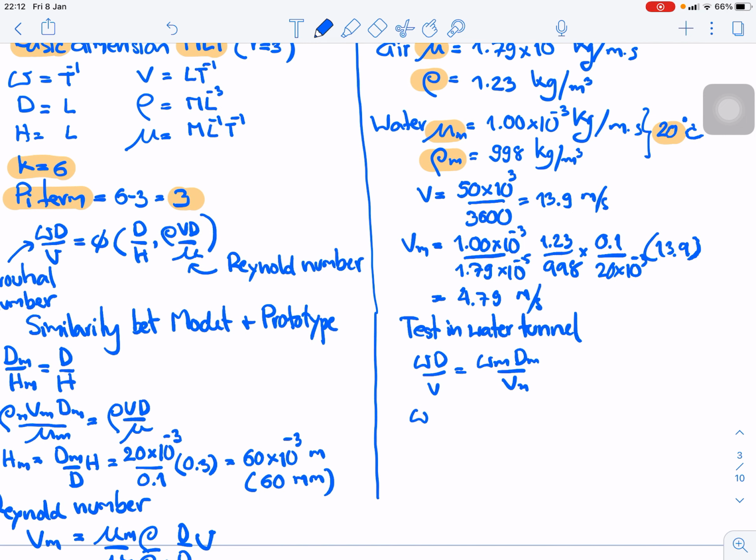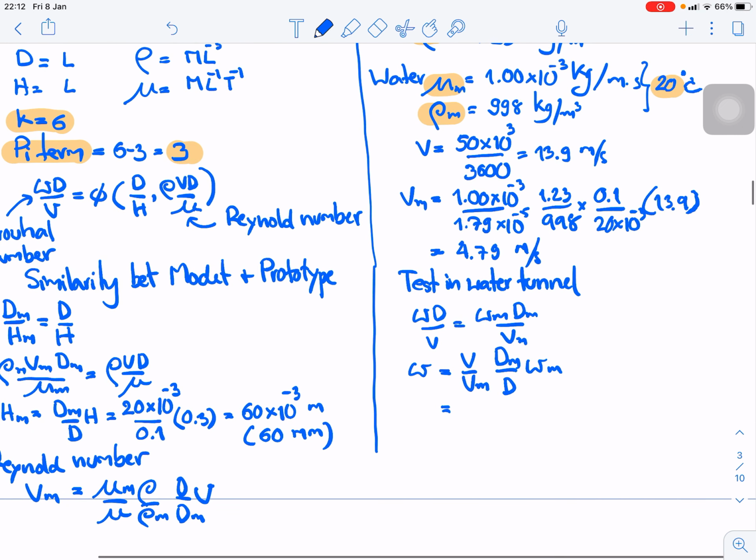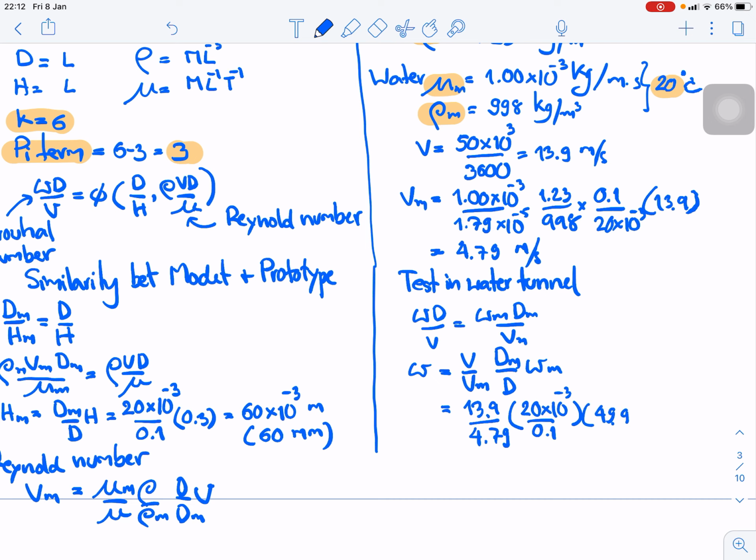So we can estimate the shedding frequency for the prototype from the ratio of V and Vm and D. Substitute the velocity of the prototype 13.9 and divide by the velocity of the model, and D of the model divided by D of the prototype, and for the model 49.9.